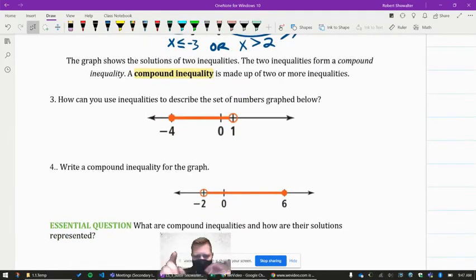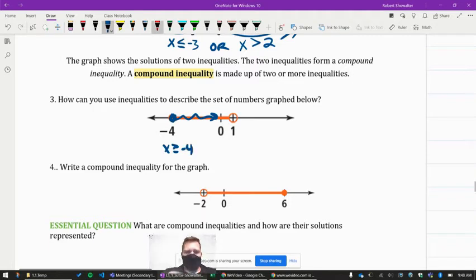We have another scenario below. We have this one from here, so we would have x is greater than or equal to -4 on that part. But we also have this part that goes that way, and that says x is less than 1, but we're shaded in between, so it's an and.